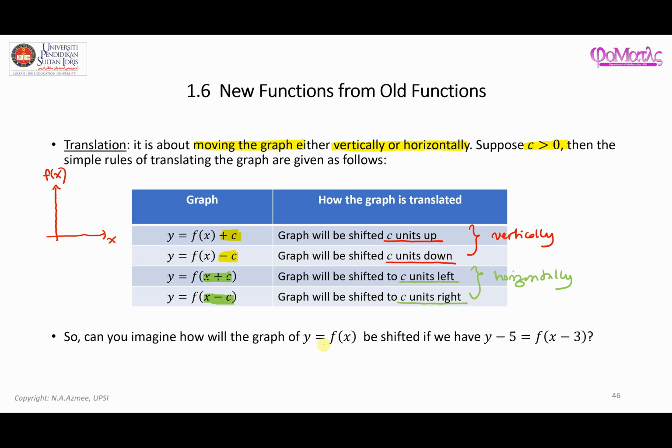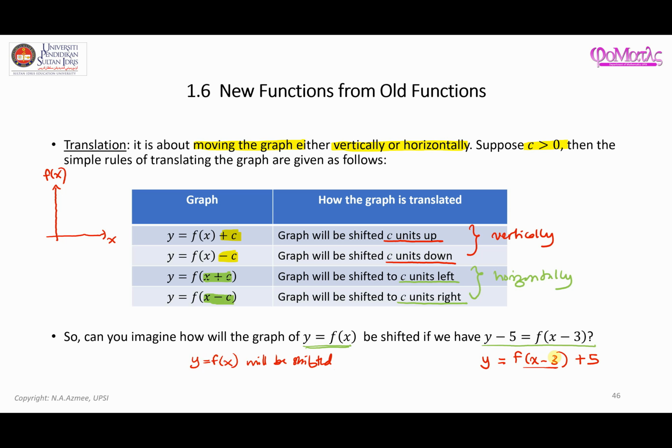Can you imagine how the graph of this one will be shifted if we have this expression here? The expression can be written as y equals f(x minus 3) plus 5. First of all, we have y equals f(x), so we are going to refer to this part first. y equals f(x) will be shifted.